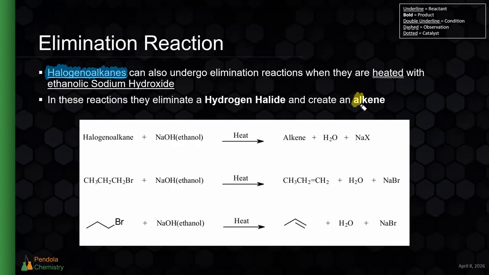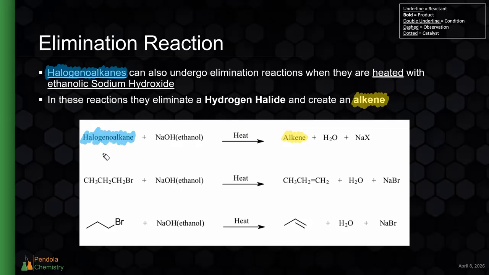So the alkene will be the final product as far as the conversion of functional groups. So the elimination reaction converts a halogenoalkane into an alkene, the opposite of the addition reaction where we use the hydrogen halide.